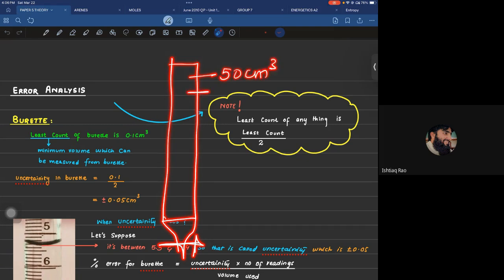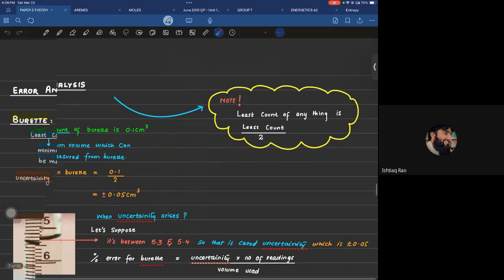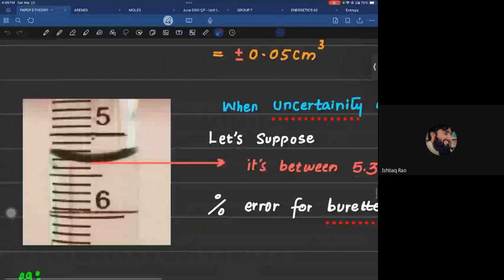You will see the markings 49, 48, 47, 46, 45, 44, 43, 42, then 40, then 39, and so on. This is the picture of a part of a burette in which you will see the graduations between 5 and 6. You can see 5.1, 5.2, 5.3, 5.4, 5.5, 5.6, 5.7, 5.8, 5.9, and this is 6.